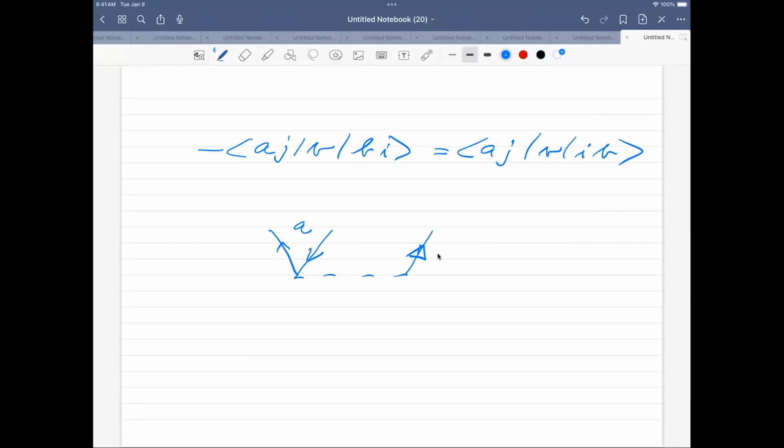Oh, sorry, not that one. So you have your particle state B here, but then you will draw the hole state J like this. So that's a pretty common way to represent a diagram like that, because then you have a particle-hole excitation here. You can think of you deleting a particle-hole pair, and then you create a new particle-hole pair.